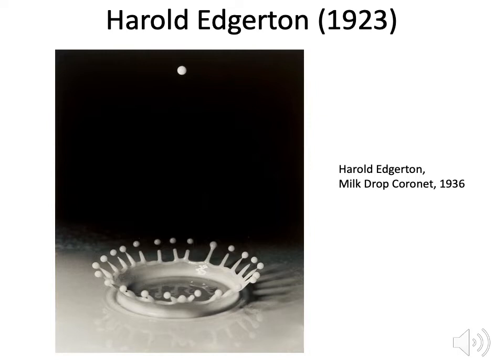It's not that flash gunpowder-like substance that was used before it. And he's able to achieve a flash duration of 10 microseconds, which is able to capture images like what we're looking at here. A milk droplet, okay, that's splattering. Look how beautiful that becomes. It becomes kind of like a crown, right?